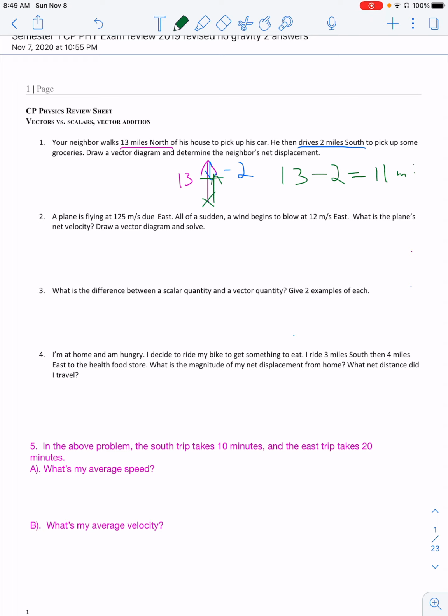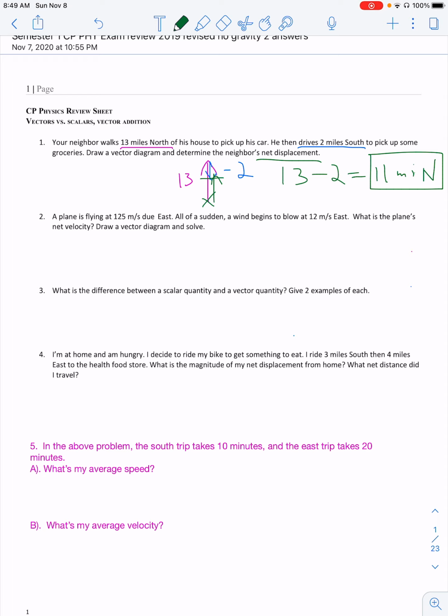And I have to mention the direction. If they said what's the magnitude of the net displacement, I'm done right there. But if I said what is the net displacement, I have to add the direction. Where's the direction? From the start to the finish, it would be north. So there's my answer there.